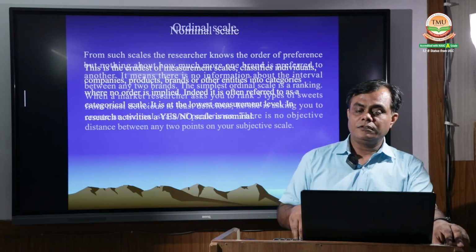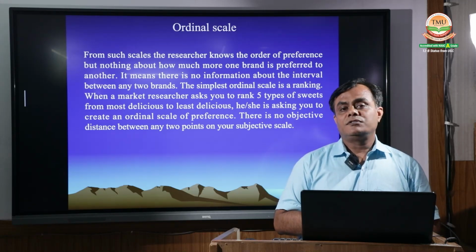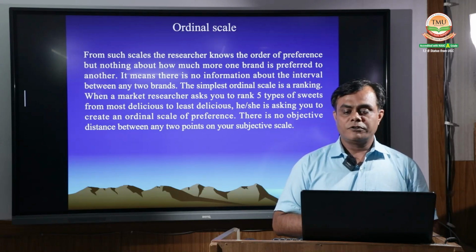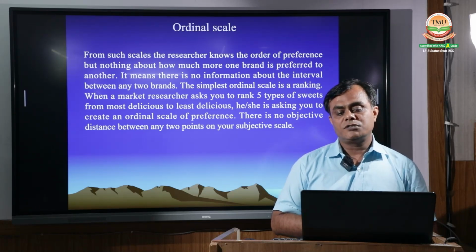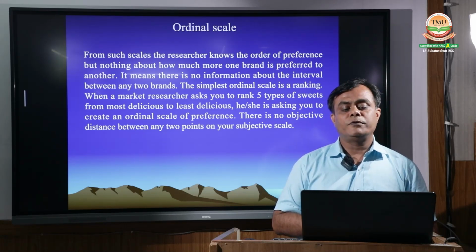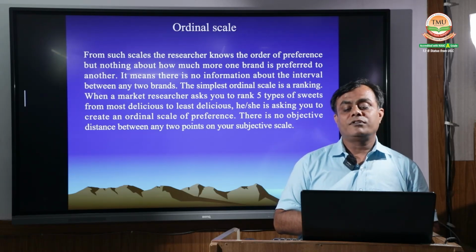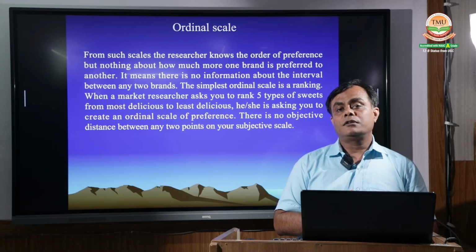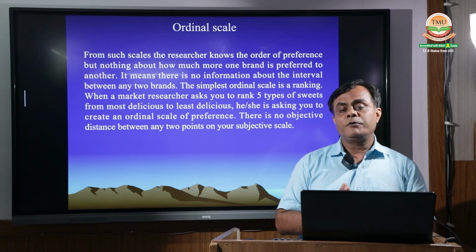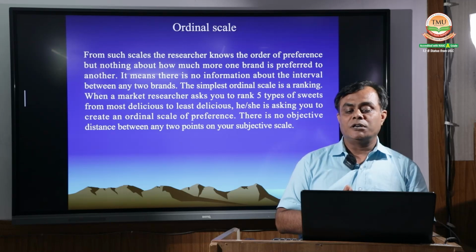The ordinal scale. From such a scale the researcher knows the order of preferences but nothing about how much more one brand is preferred to another. So in an ordinal scale we are just comparing; we do not know how much one brand is preferred over another.